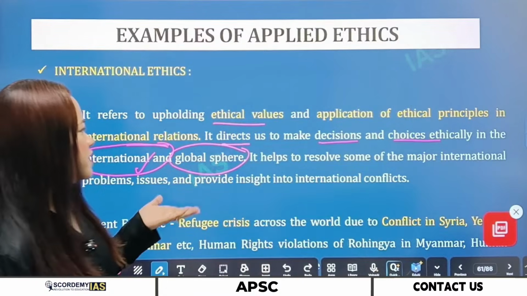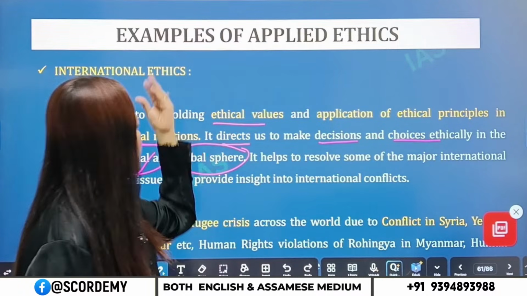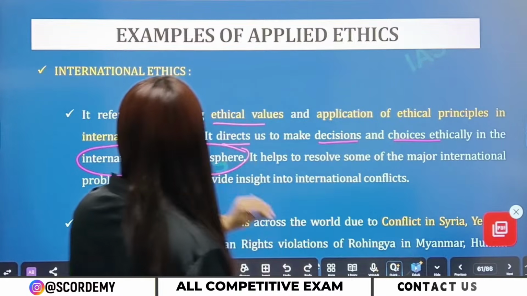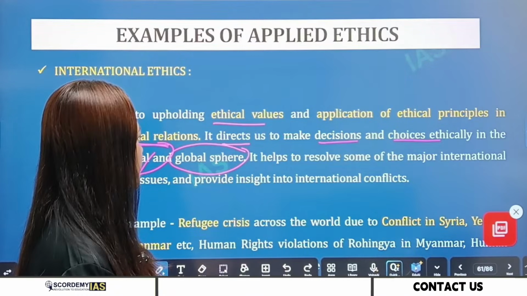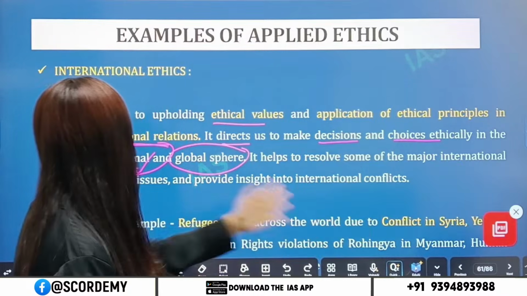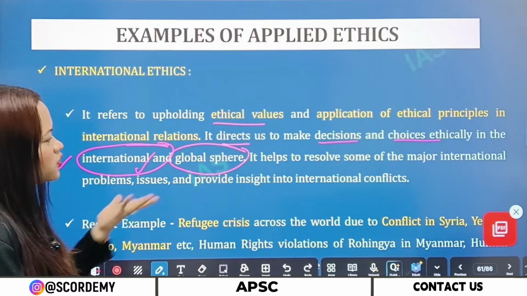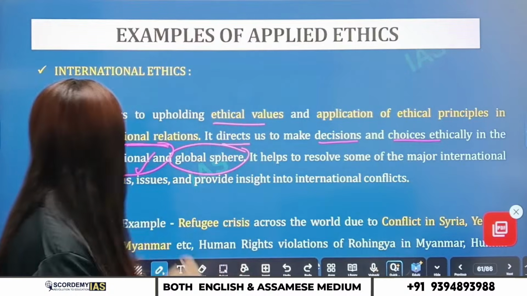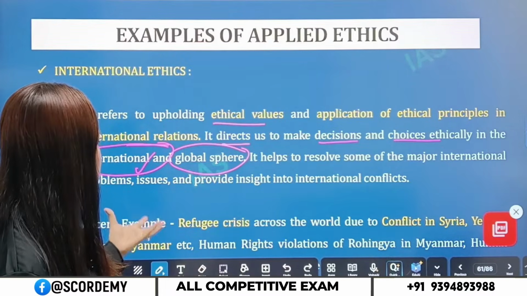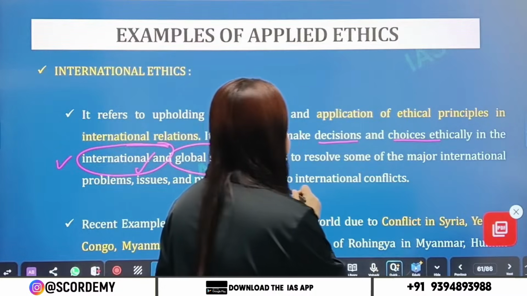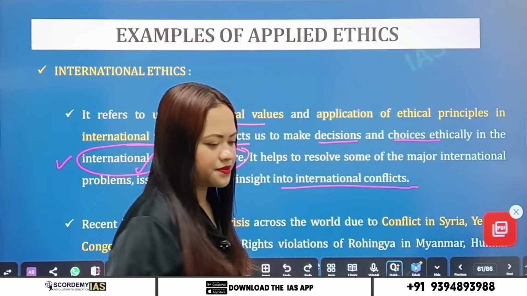It helps us to resolve some of the major international problems, issues, and provides insight into international conflicts.